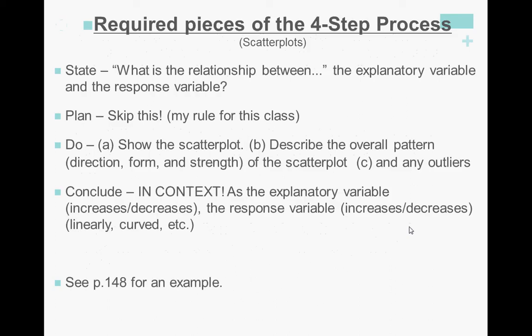You can say it does this linearly or in a curved section, moderately strongly, things like that. So page 148 gives you a good example if you want to see it. But just make sure you do it in context. So don't say, as the explanatory variable, say something like, as the length of the eruptions increases.